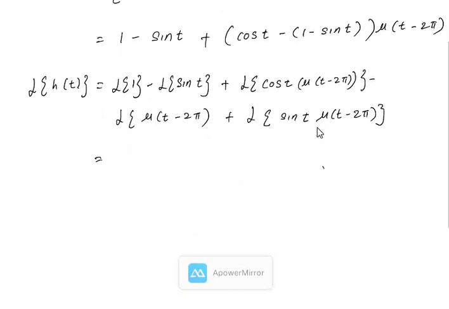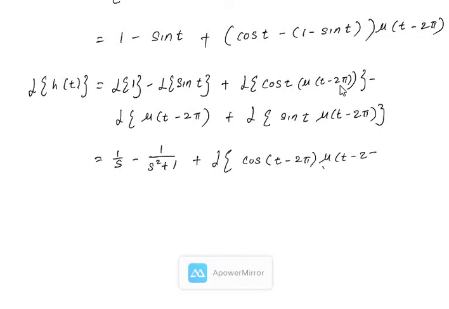So Laplace transform of 1, you get 1 over s. And then Laplace transform of the sine t, you get 1 over s squared plus 1. And then plus with Laplace transform of the cos t unit step t minus 2 pi. So this one we need to change to Laplace transform of the cos t minus 2 pi unit step t minus 2 pi.